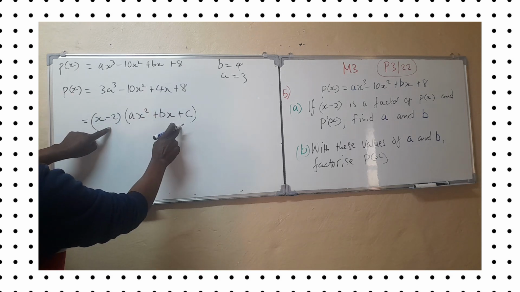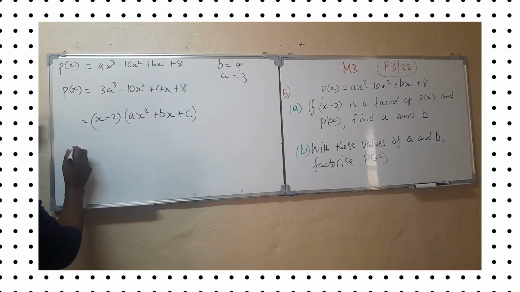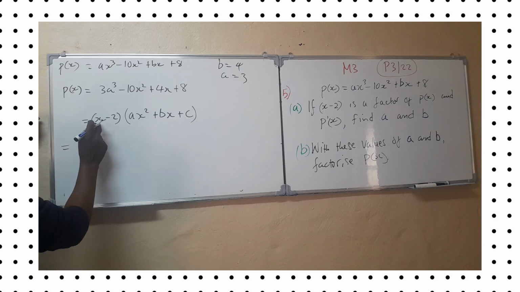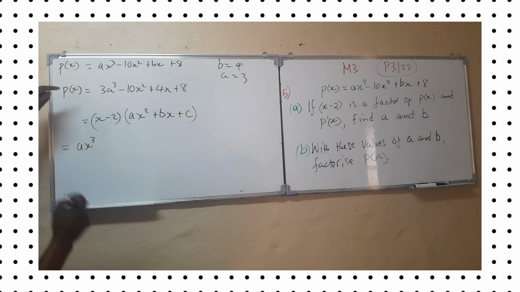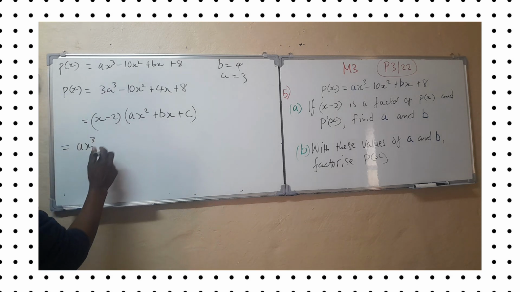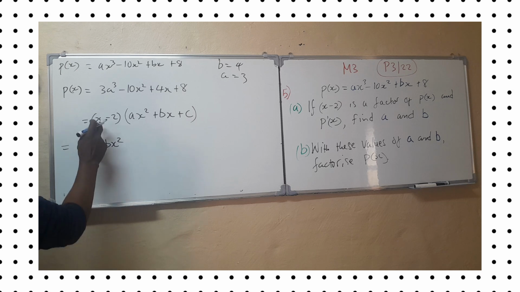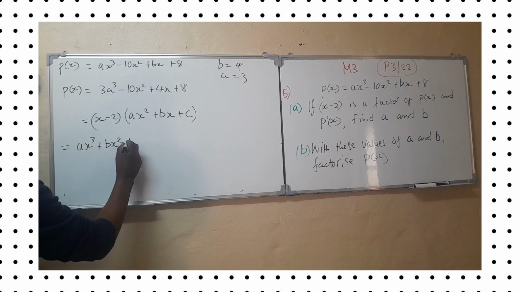So let's expand our brackets. So here we are, where this is equal to x times ax will be ax cubed. There you are, x cubed. Then x times bx will be plus bx squared. x times c will be plus cx.